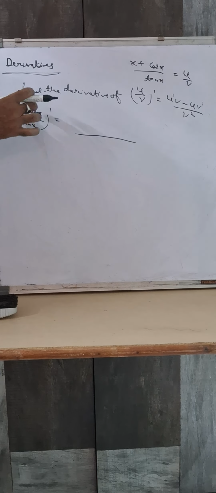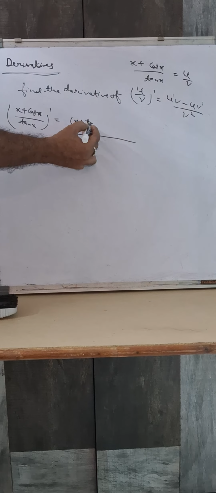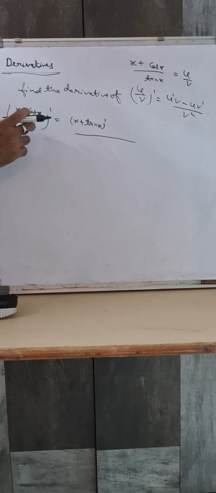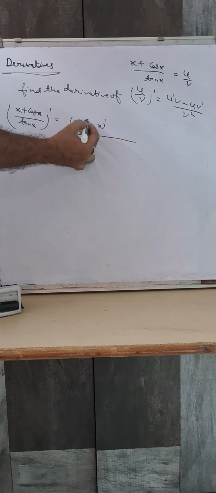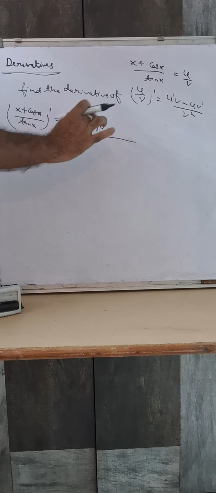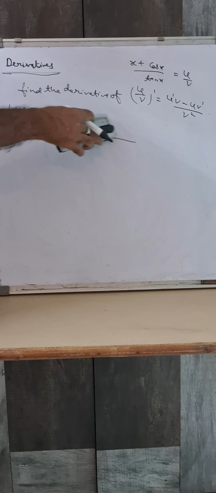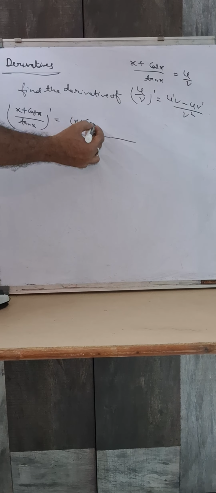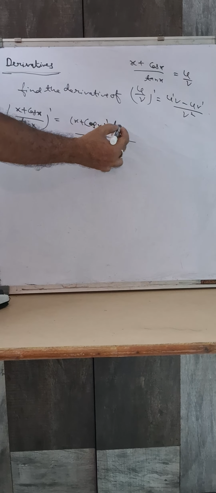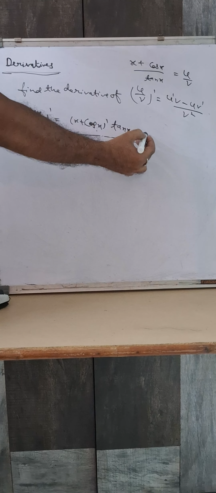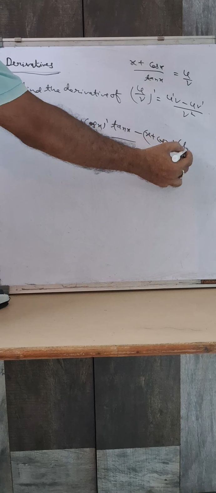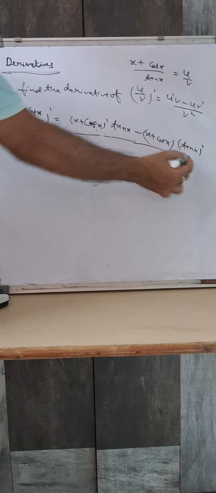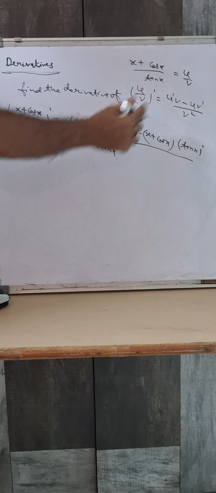So first differentiate x plus cos x, multiply with tan x, minus x plus cos x as it is multiplied by the derivative of tan x, divided by tan square x.